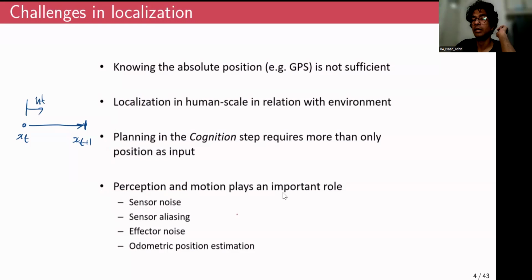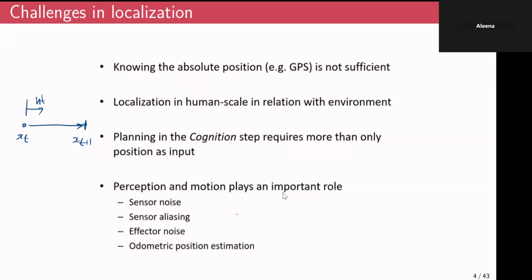Cross sensitivity is basically the sensitivity of a sensor to parameters that are orthogonal to the things that we are trying to measure. For example, if you are trying to measure temperature, that measurement could be influenced by a lot of other factors, maybe the wind speed, probably the humidity, all these sorts of things. Yeah, sensor noise, that is one challenge.